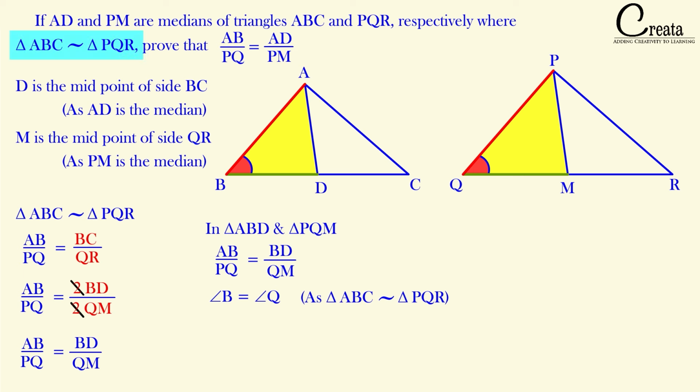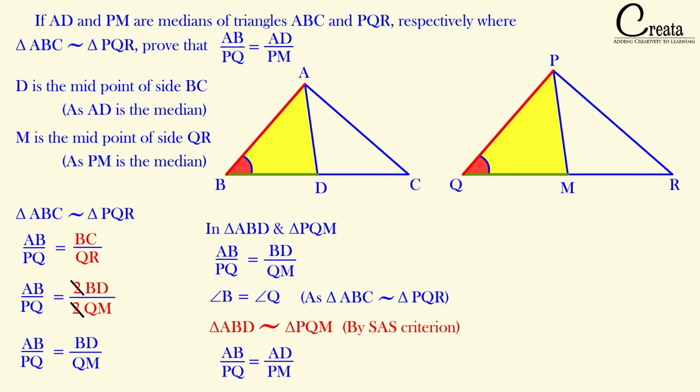So the two big triangles are similar, which means the corresponding angles will be equal. That is, angle B will be equal to angle Q. So these two triangles are similar to each other by the side angle side criterion. Further, once the two triangles are similar, the ratio of the corresponding sides will be equal. So we get AB upon PQ, which are the corresponding sides, is equal to AD upon PM.